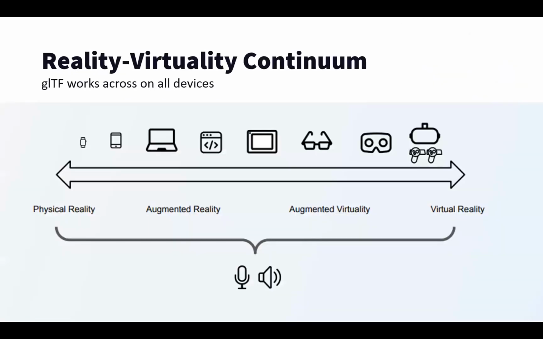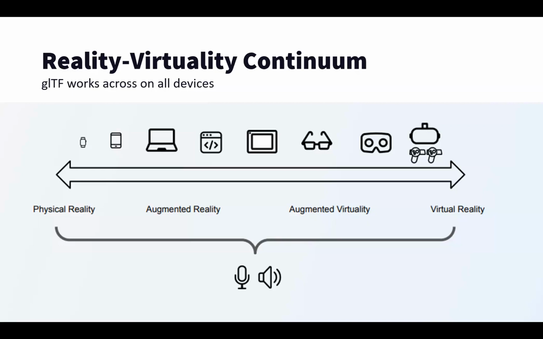So as we all know, we have experienced some form of device that can load 3D content. So in this reality virtuality continuum, you'll see that some of the devices are on the far left. That's where the physical reality is, and we have the watches, the smartwatches, and the phones and the laptops.